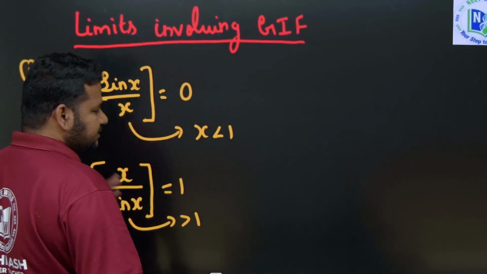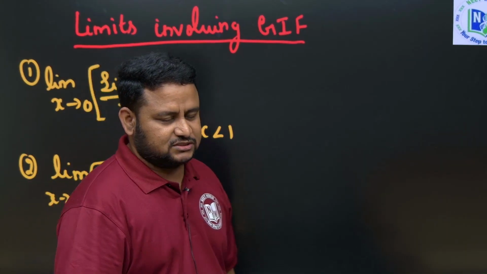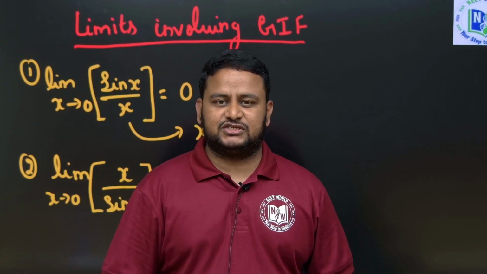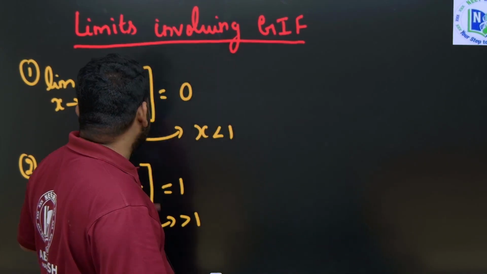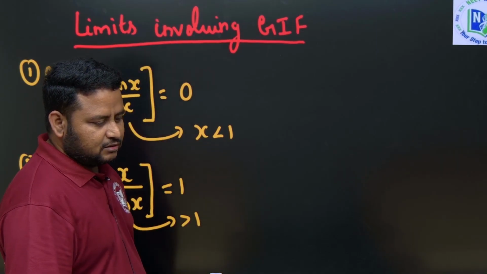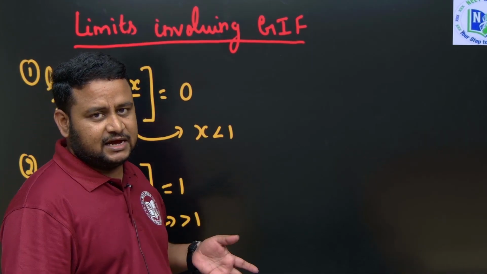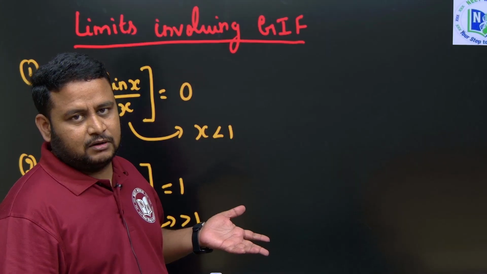Very important: limits involving GIF, that is greatest integer functions. This is also a very important topic. While telling about properties of limits, that is the algebra of limits, I told you limit of sin theta by theta as theta tends to 0 is equal to 1.